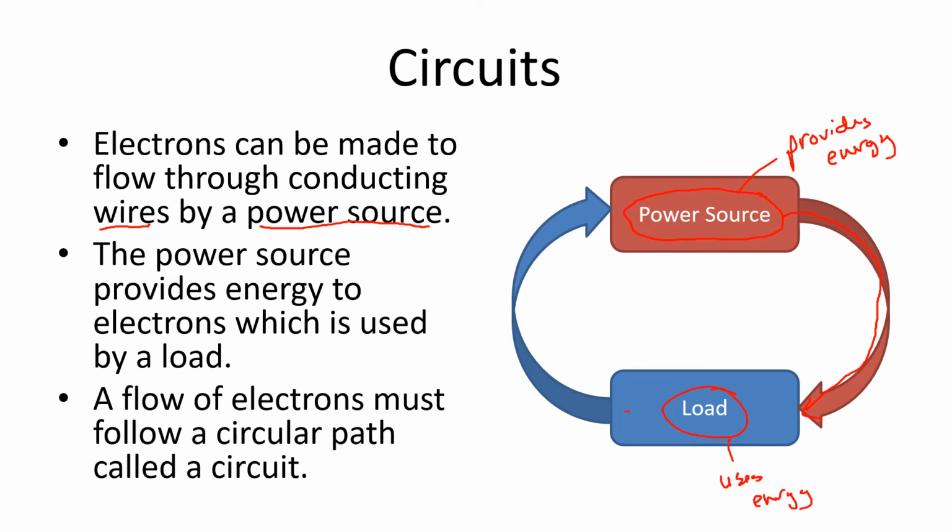And then the electrons have to complete the circle, and come back to the power source. So they leave the power source with lots of energy, they use it up at the load, and then return to the power source. So all circuits have some variation of this in order to get the electrons to move.